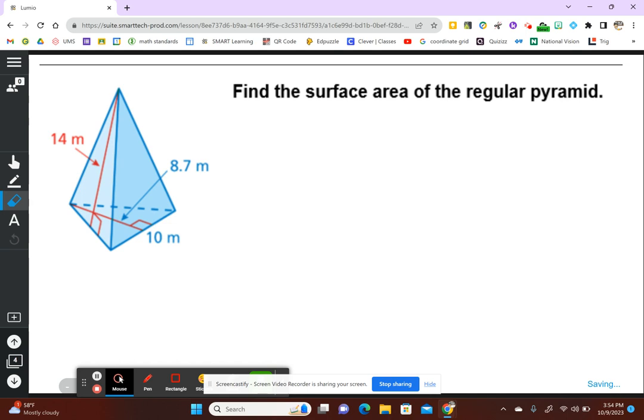Now, this is a triangular pyramid. Why is this called a triangular pyramid? Because the base is a triangle. So now this is going to have a base that's a triangle whose height is 8.7 and whose base is 10.